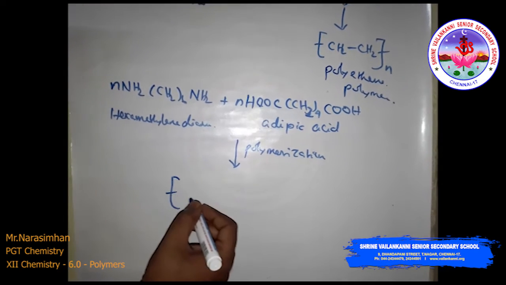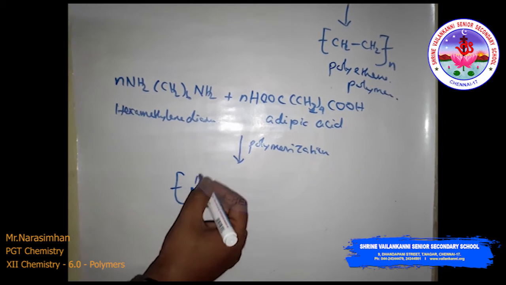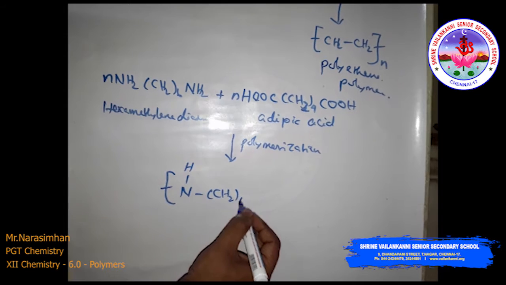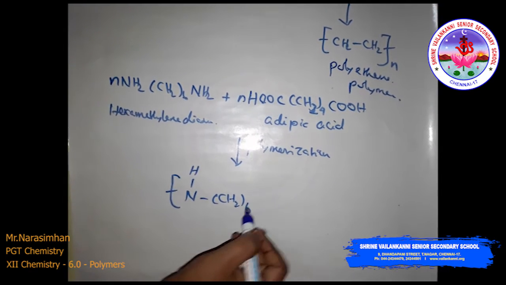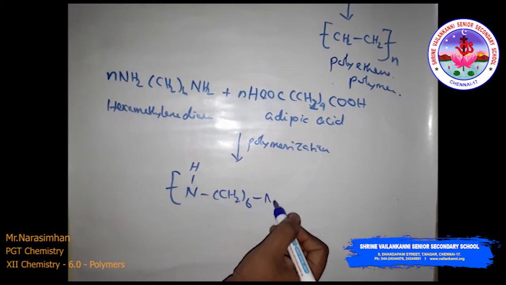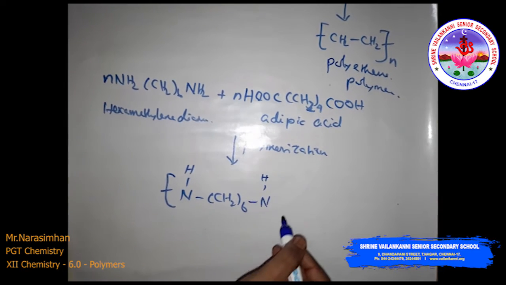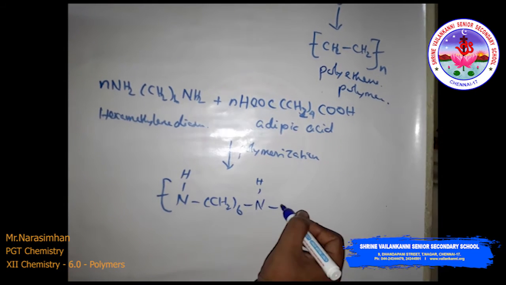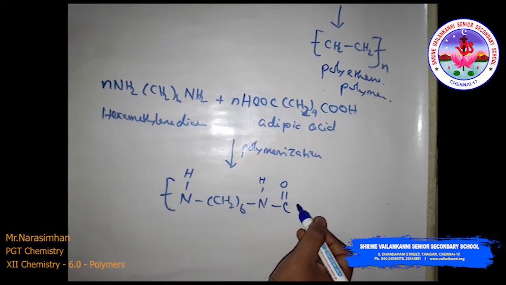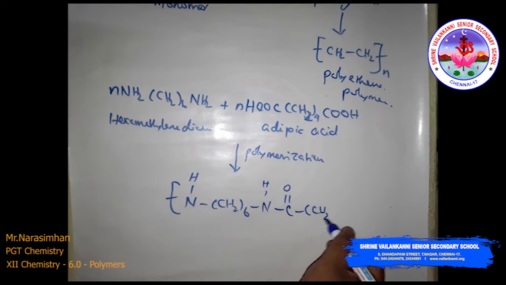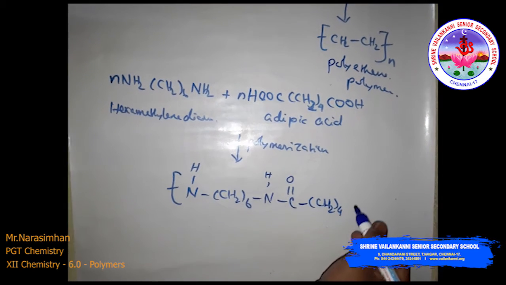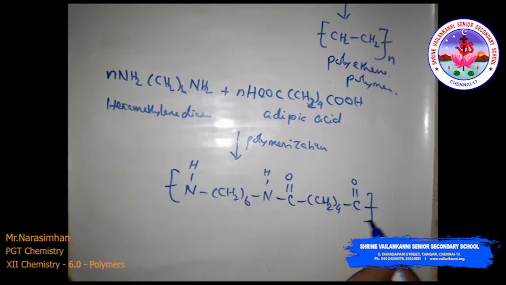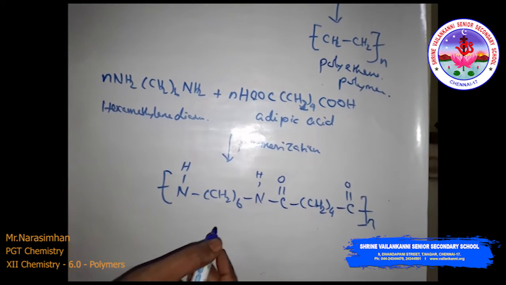So this is a polymer. The nylon 6,6 is like this: NH, (CH2)6, NH, then connecting C=O, (CH2)4, then C=O. That means this is the repeating unit, the main unit.